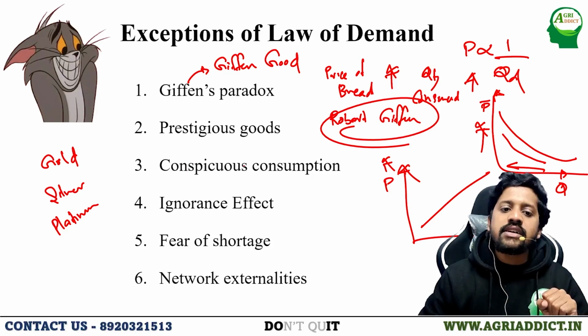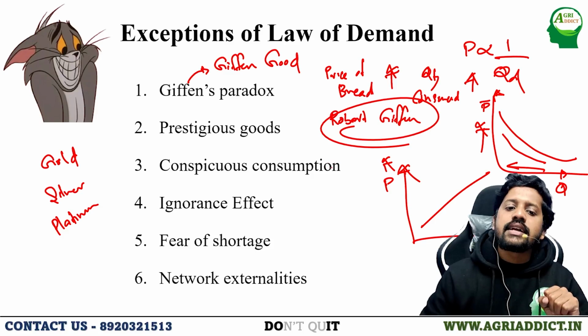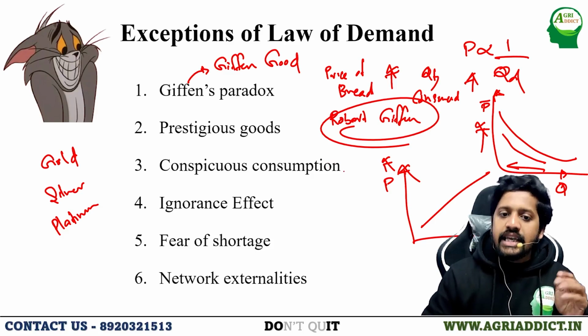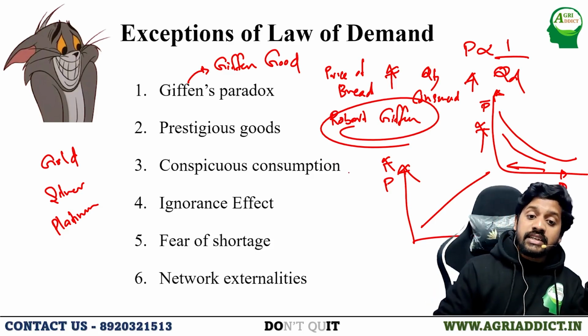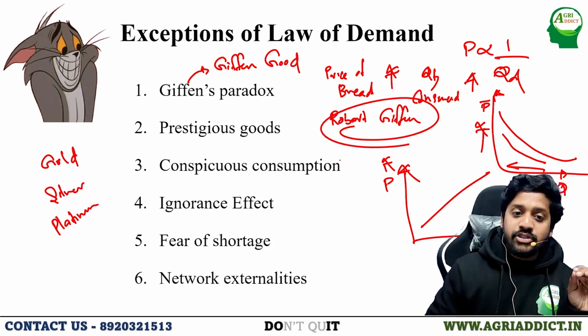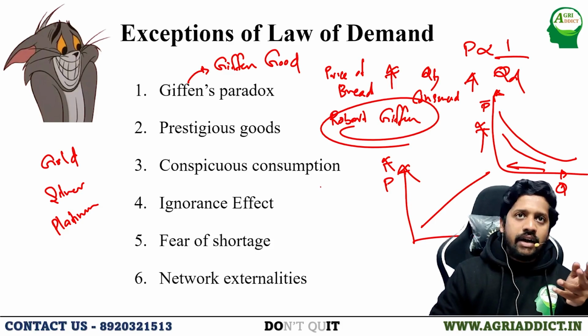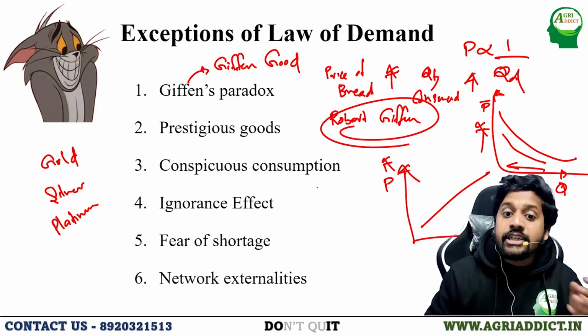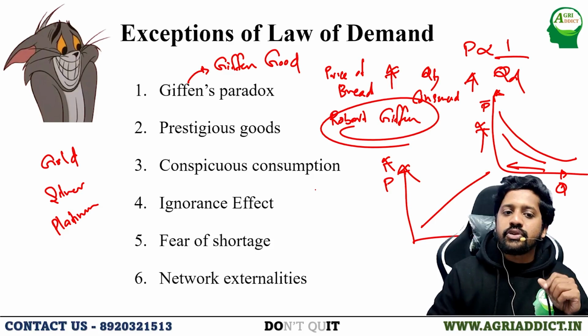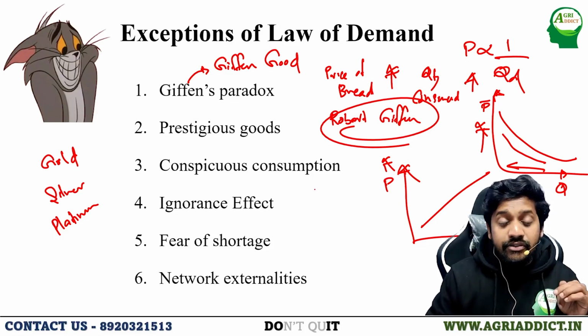The third one is conspicuous consumption. This is nothing but the case of luxurious goods. Even if the price of luxurious goods is increasing, in order to show some social status, people will be buying them. We have already discussed luxuries in the classification of goods, right? So what is the case of luxuries?